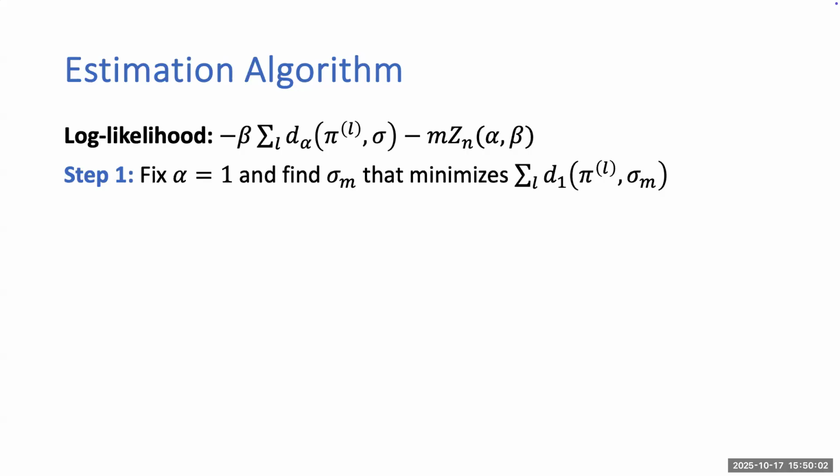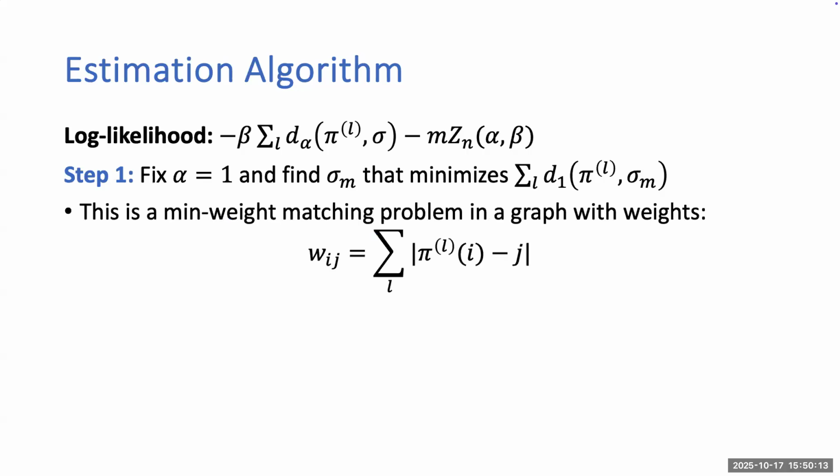This part is easy to find because it translates to a matching problem. If you think about it a little, maybe 10, 15 minutes of your afternoon, you can translate it into a bipartite graph where the weight between the ith node on one side and the jth node is the sum of all the distances it can have.